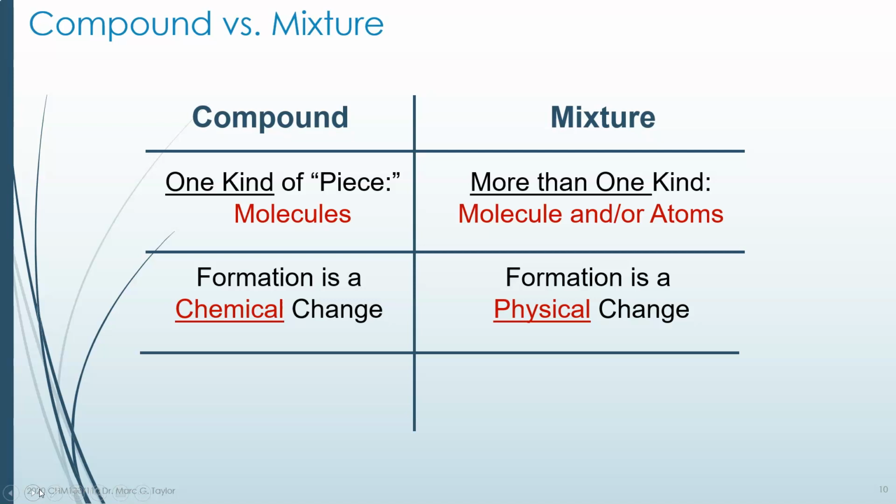And physically separating them could be something as simple as using tweezers to pull crystals apart from one another, or boiling water off from a mixture of water and salt, or water and sugar, or evaporating some gasoline from oil at a certain temperature. Those are physical means, and we'll talk more about those in the very next module.